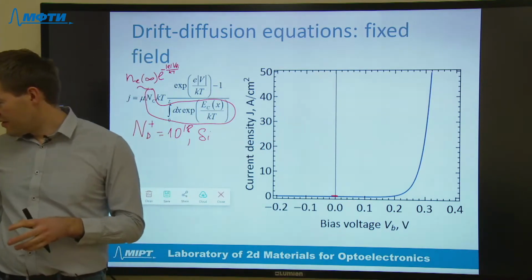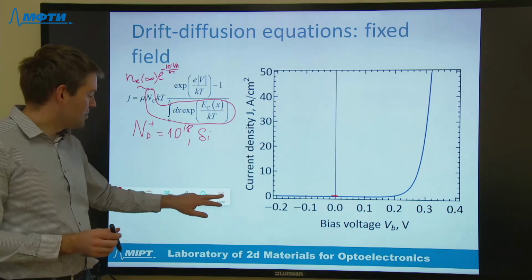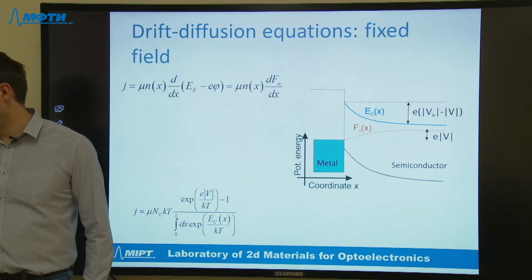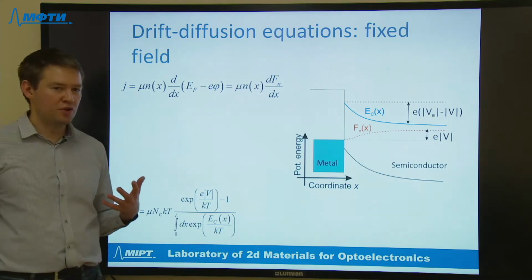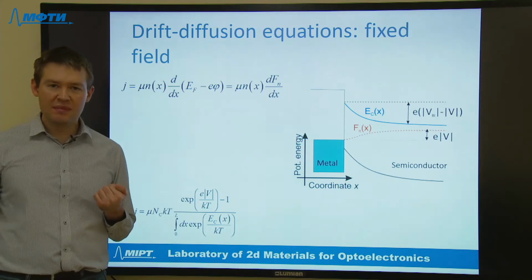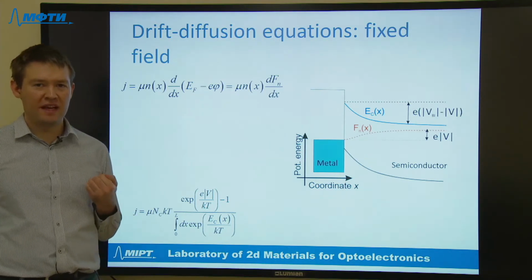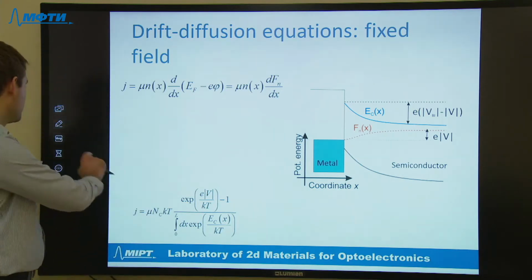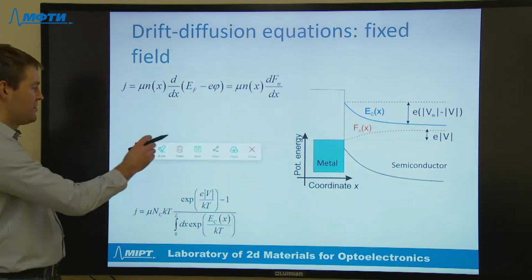So, if no questions, I would like to repeat the general formalism that we have used: how to derive the current-voltage characteristics of any junction using the drift-diffusive approximation.